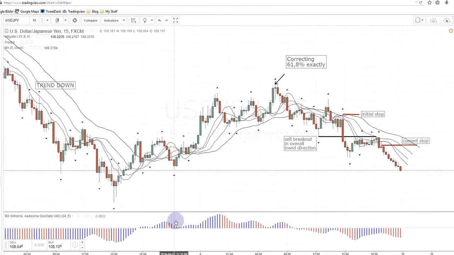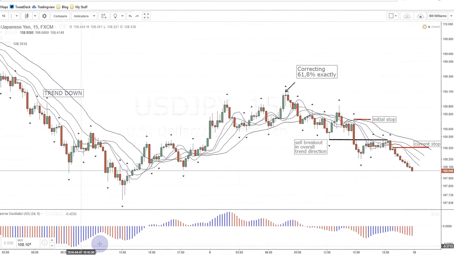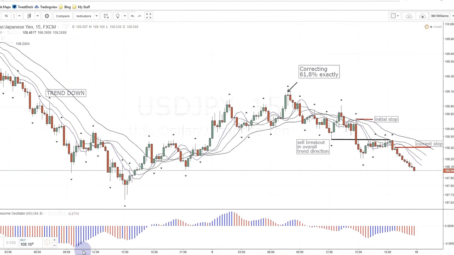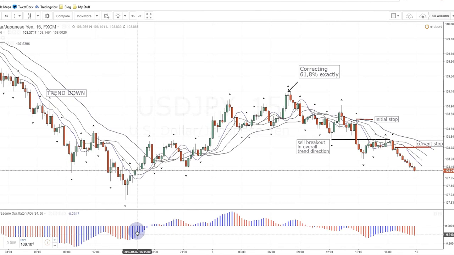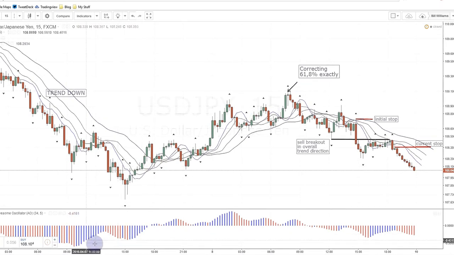As you can see in the momentum indicator, we do have a divergence in here, which actually leads to prices moving upwards, but it's only a minor correction inside of this divergence.